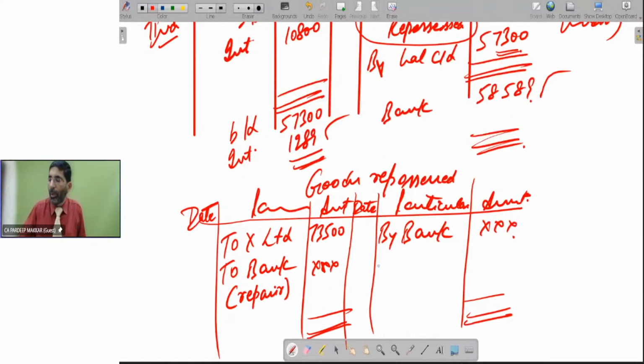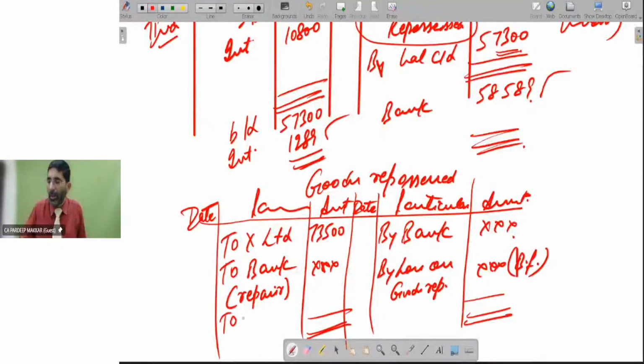And whatever is the balance will be profit or loss: by loss on goods repossessed, this is a balance figure. Or there will be a profit on goods repossessed. This will be a balance figure. So it will depend on whatever balance figure comes. Very simple and very easy to understand. There is no difficulty in this.